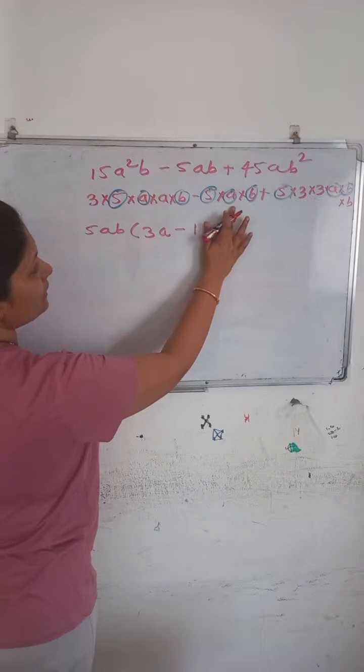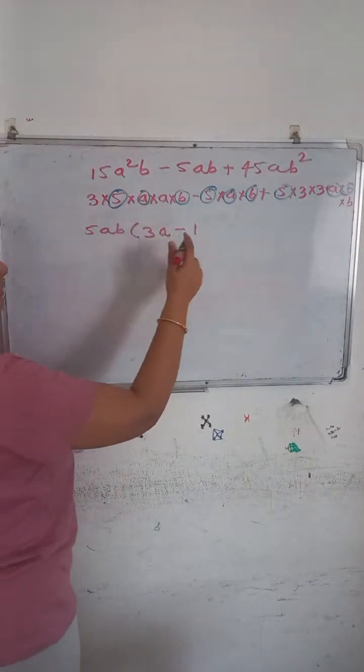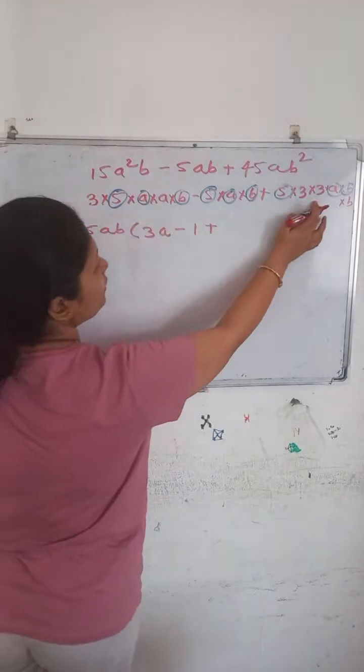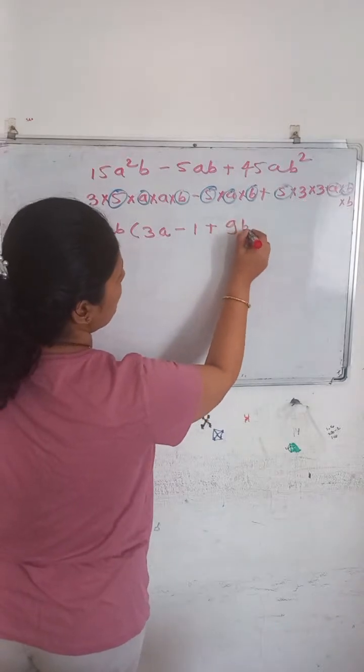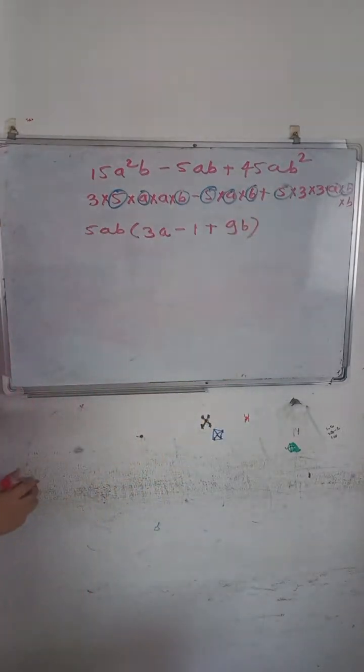Nothing is left over here, so don't write 0, it's minus 1, plus 3 into 3 is 9b. Okay, this is the answer. This is a 3-mark question, so you must show these steps. Understood how I did it? Are you all getting it? Okay, copy this.